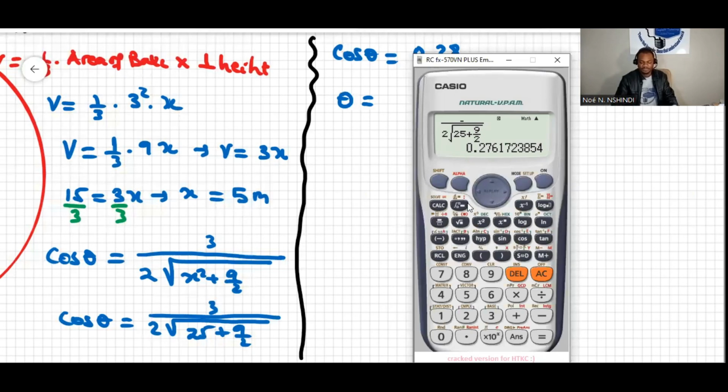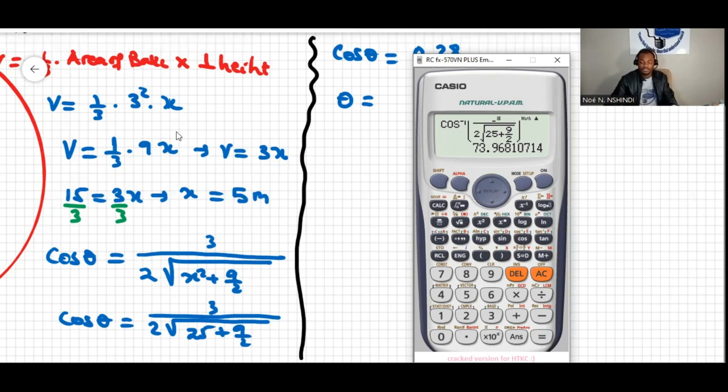Let me just press shift cos of the value that we wrote, 3 over 2 square root of 25 plus 9 over 2, and when we press equal, that gives 73.97.